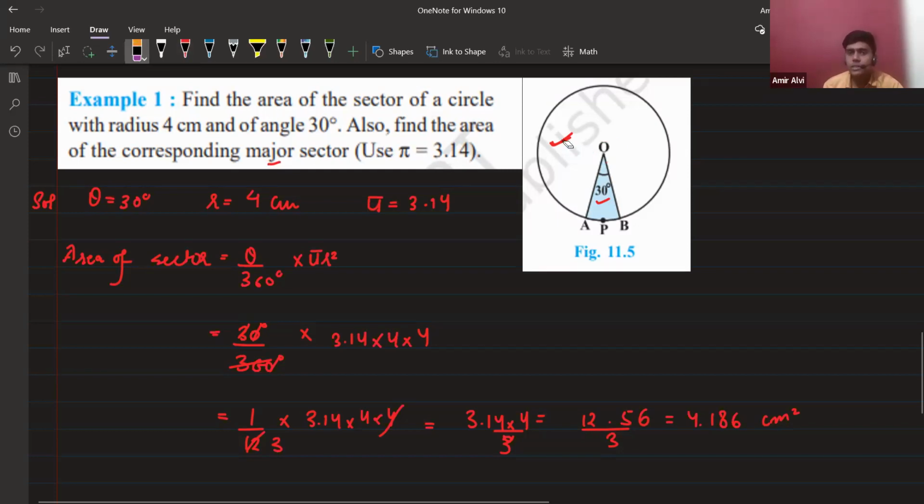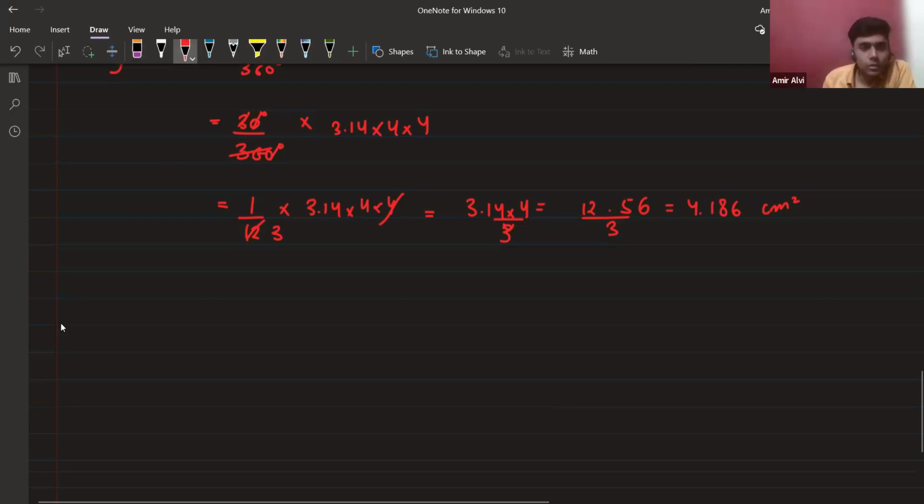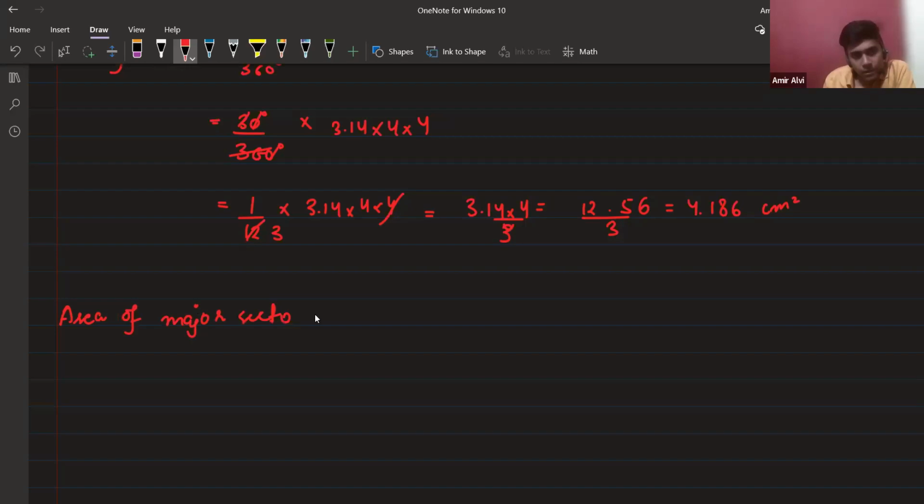But it's much easier to calculate area of circle minus area of sector. So area of major sector is equal to area of circle minus area of minor sector.